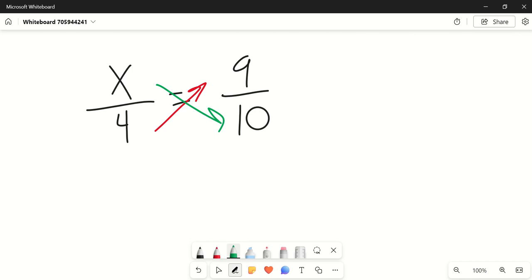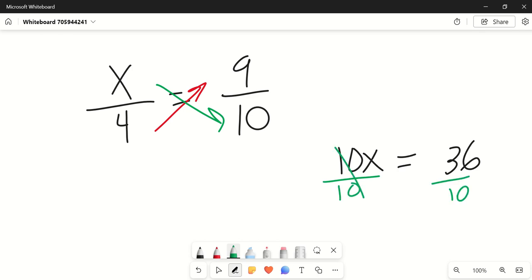So 4 times 9 will give me a product of 36. Therefore, 10 times x, or 10x, should equal 36. Again, we isolate the variable, so I'm going to divide by 10 here, and I'm going to divide by 10 here. When I do 36 divided by 10, I'm going to get 3.6, so x is going to equal 3.6.